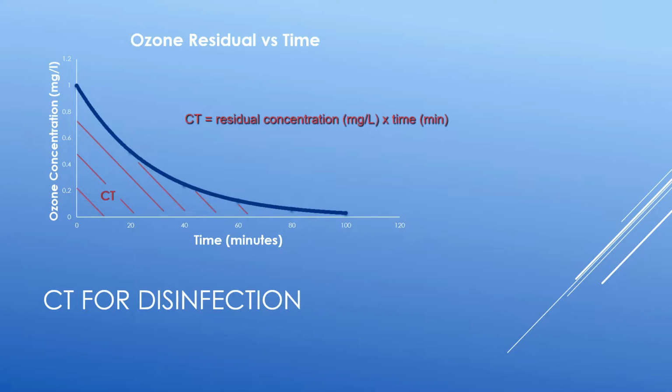CT is the residual concentration times the time. This can be computed by looking at the concentration of ozone versus the exposure time, and the area under this curve will give you the CT value. Normally, it's shown as milligram minutes per liter.